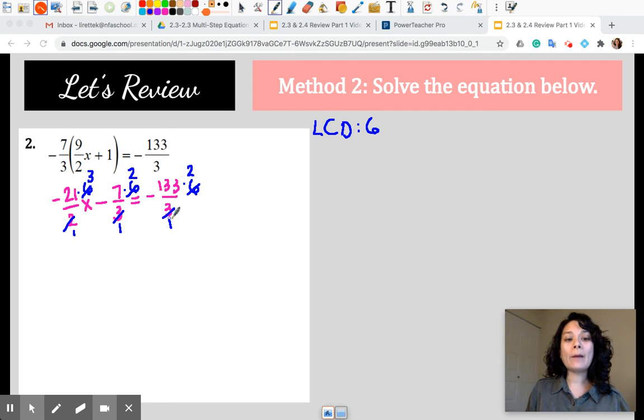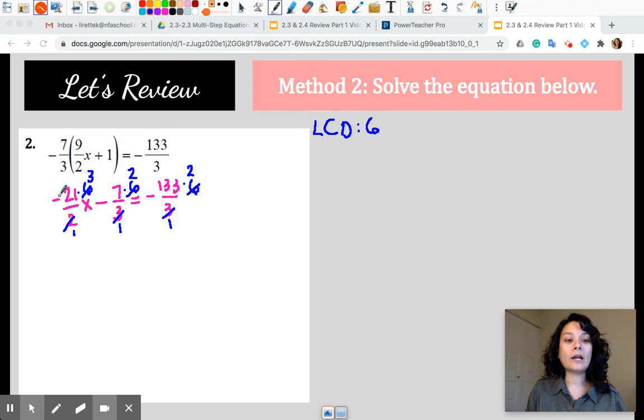So what ends up happening with all your fractions, you see how they're all over 1? Well, you don't have to write a number over 1. You can just write the number. So we clear all the fractions, and we end up getting nothing but integers. Now, in order to get what that integer is, you take this reduced value that you have left, and you multiply it by whatever number was still in the top.